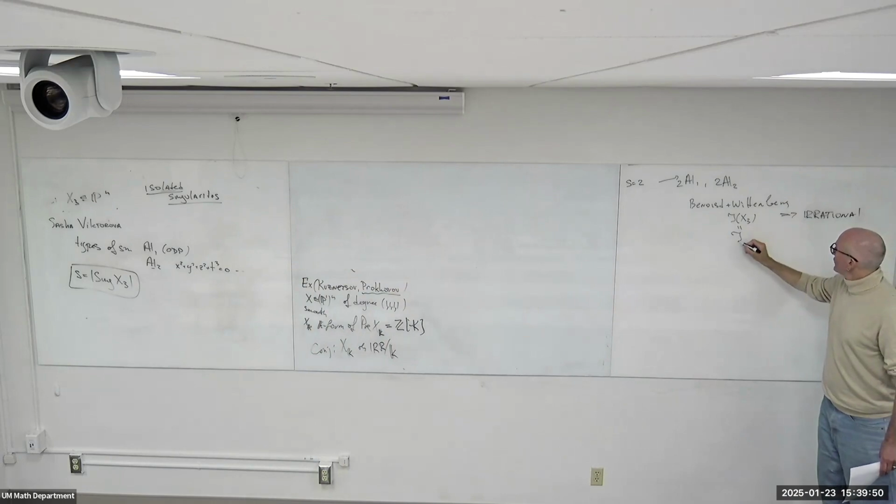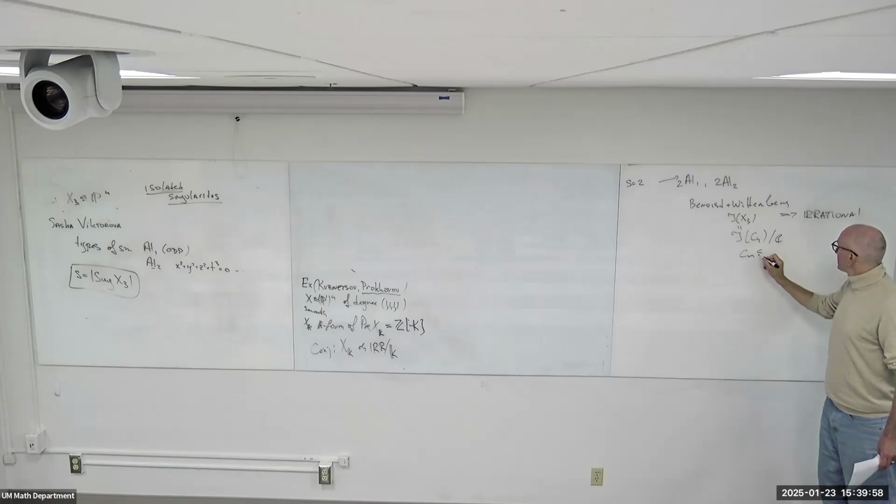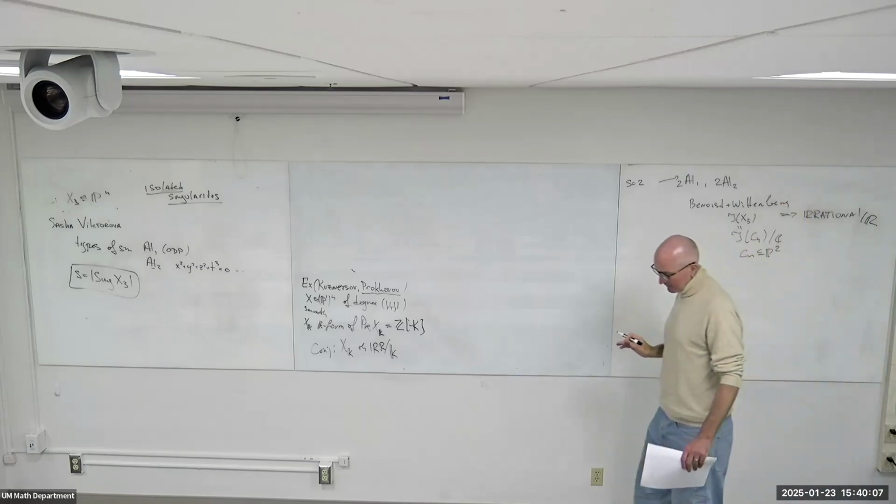So this is, over C, the Jacobian of a plane quartic curve. Yes, it's irrational over R. It basically follows from the general theorem.